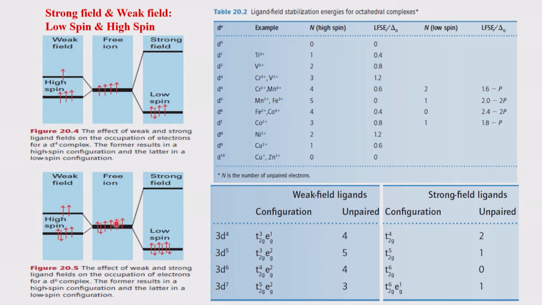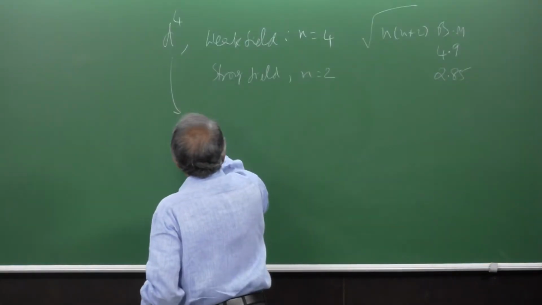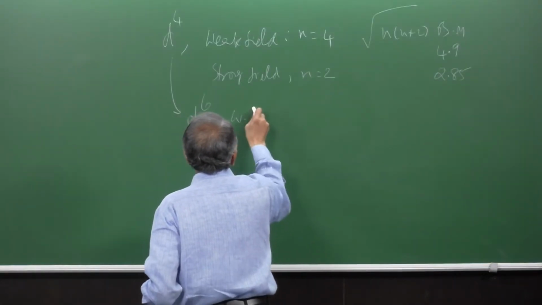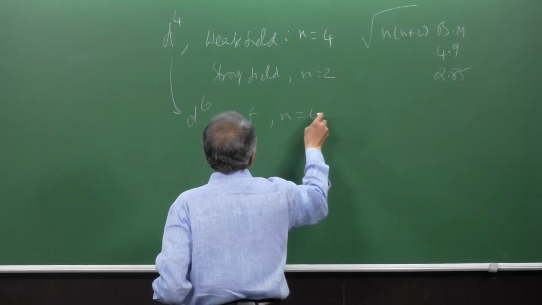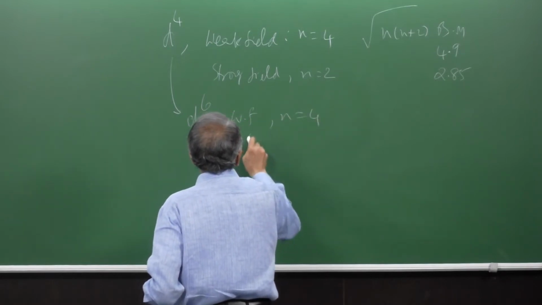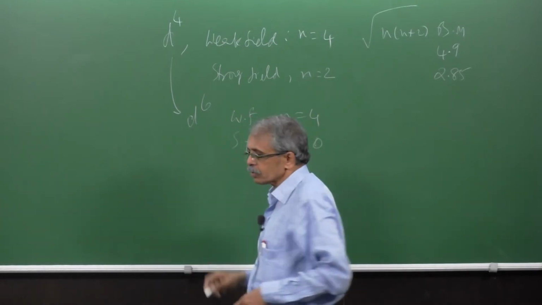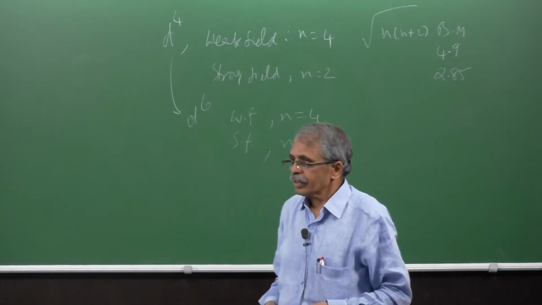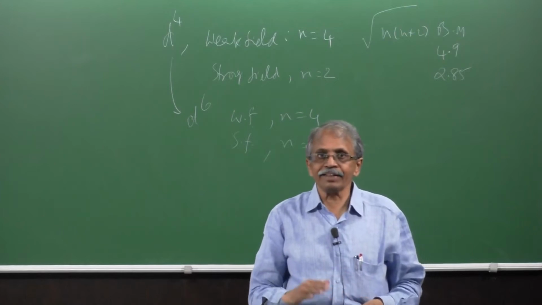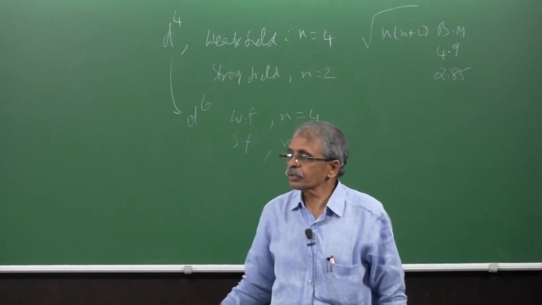This has n equal to 4. So in case of d6, weak field n is equal to 4, and strong field n is equal to 0, no unpaired electron at all. Okay, n is not the total number of electrons, n is unpaired electrons. Okay, so you can see.